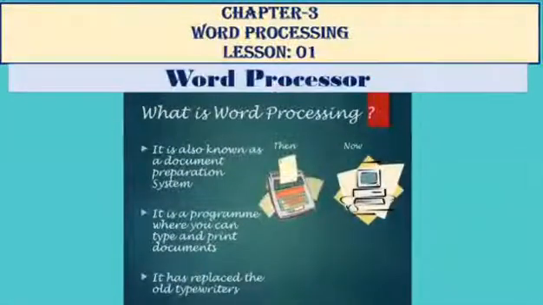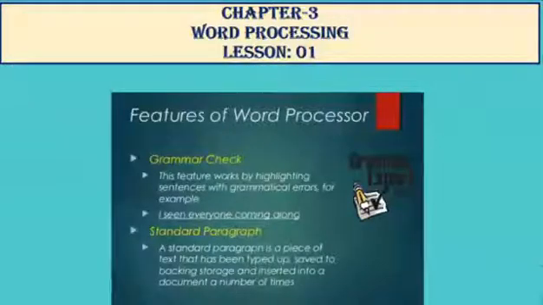My dear students, word processor, also known as a document preparation system, is a program where you can type and print documents. Not only that, it has replaced the old typewriter. So let's see some features of word processor.